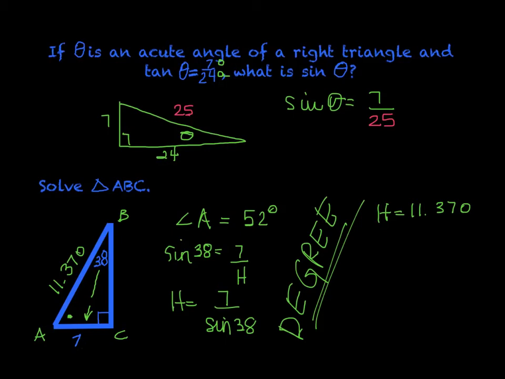So now we're going to call this b, because it doesn't matter if it's a or b, and we're going to say c squared minus a squared equals b squared.